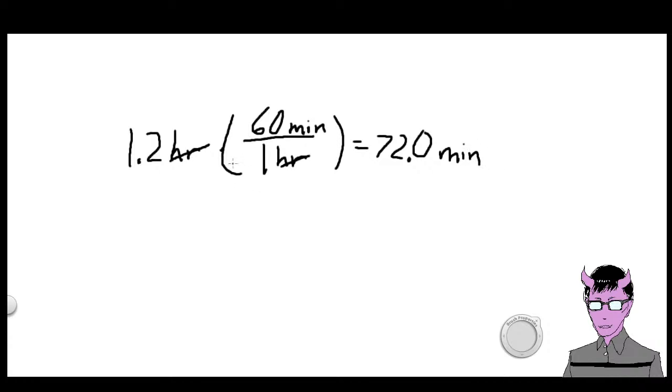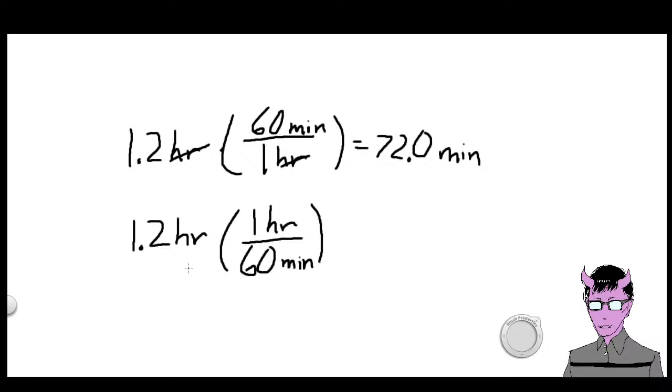And then, of course, you notice something very important. The way I orientated the conversion rate, we didn't do it in this particular fashion. It wasn't 1.2 hours times 1 hour over 60. So make note. The reason why we didn't do that is because you end up with complicated dimensions. You're going to end up with 1.2 times this fraction on top.